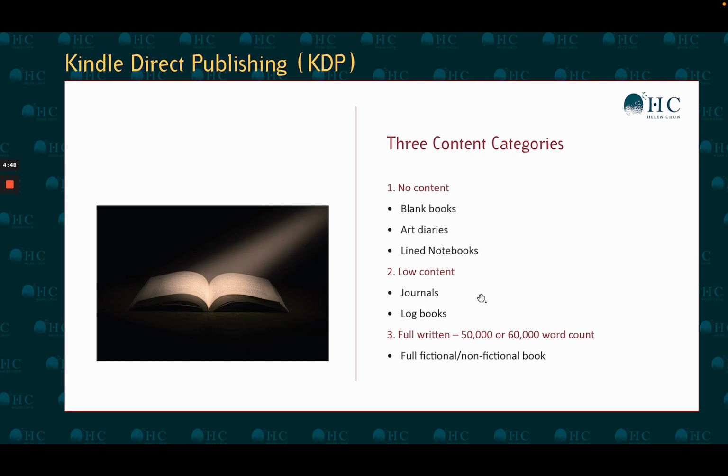And low content is, say, journals and logbooks. So journals can be gratitude journals, travel journals, mood journals, and logbooks. You can have a car logbook to record your mileage. You can have a vehicle service one, or a medical one where you have a checklist of the vitals.